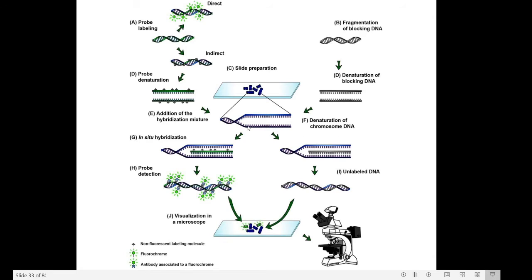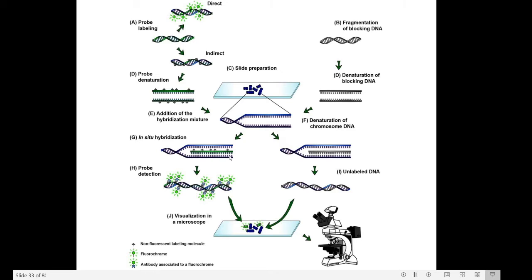In this denaturation, in situ hybridization happens. What happens in in situ hybridization? The non-labeled DNA recombines with the labeled DNA. It's a basic understanding. After this recombination, the produced DNA can be detected by fluorescence. That produced DNA has the ability of interaction.